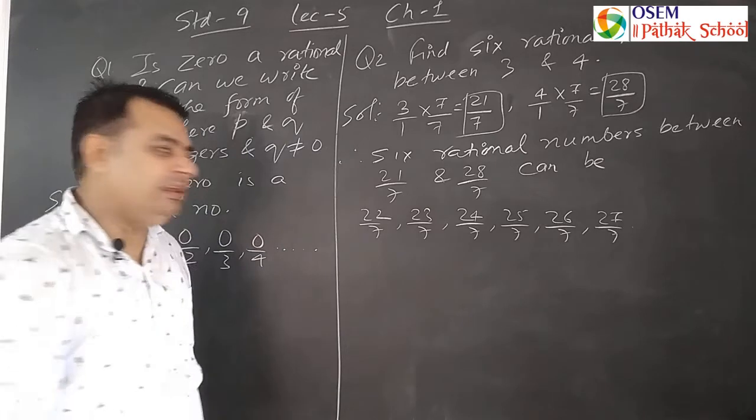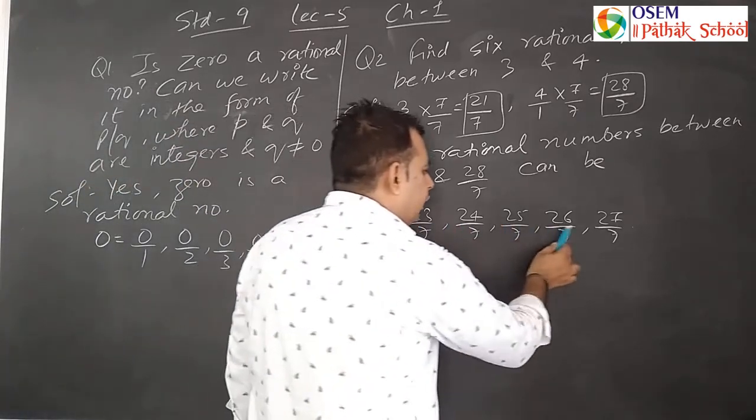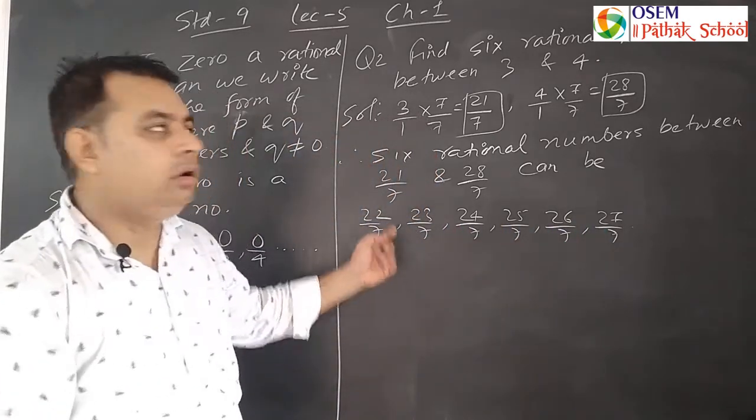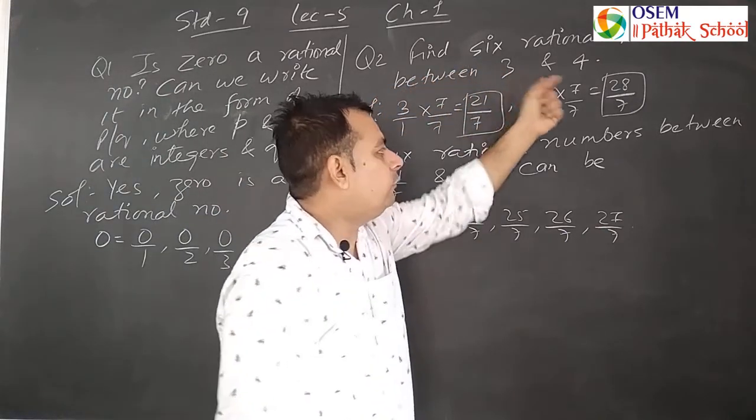Now you can clearly see 1, 2, 3, 4, 5, 6. 6 numbers we got between 3 and 4.